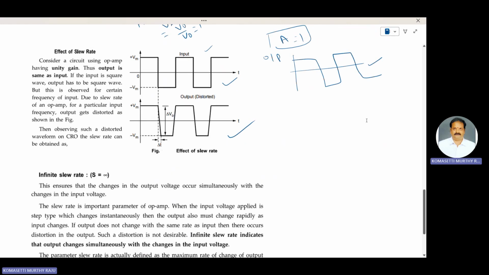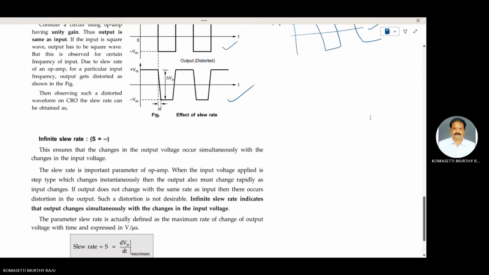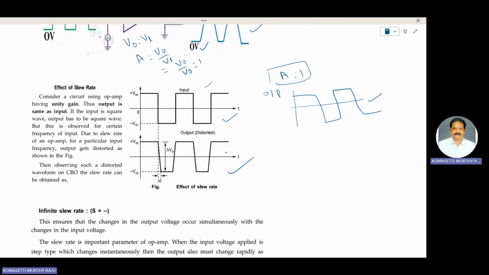At certain frequencies, the changes in the output voltage occur simultaneously with the changes in the input voltage. At a particular frequency, the output does not change with the same rate as the input, then there occurs distortion in the output.